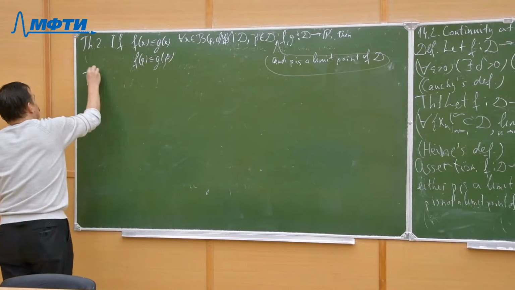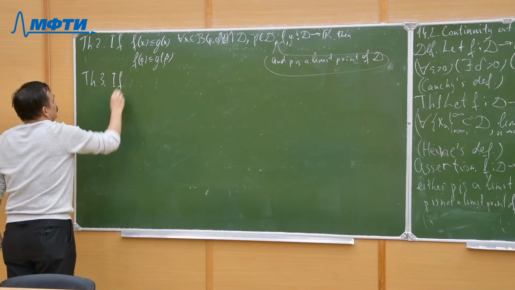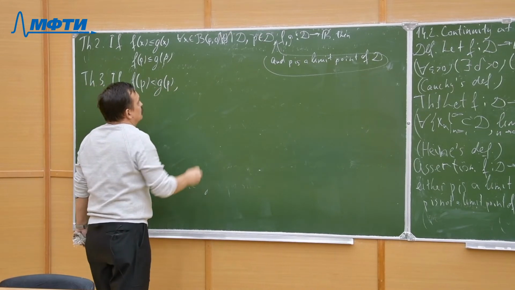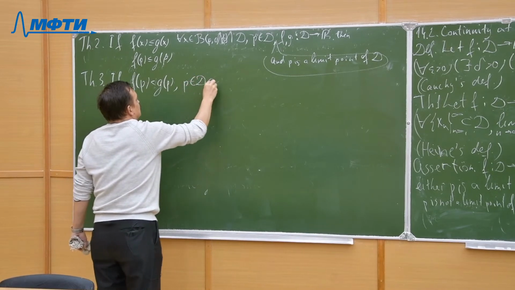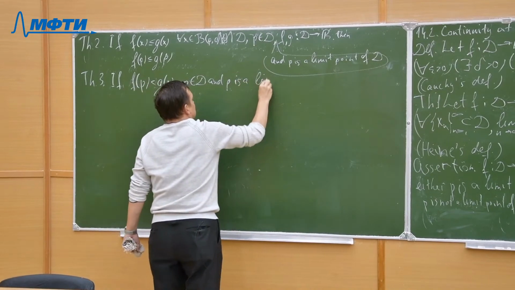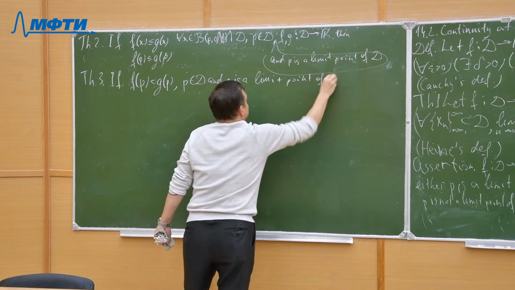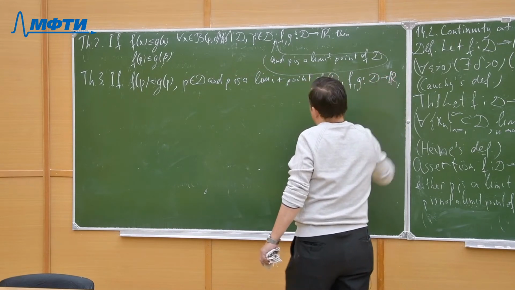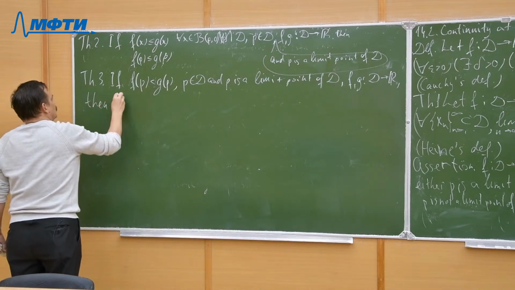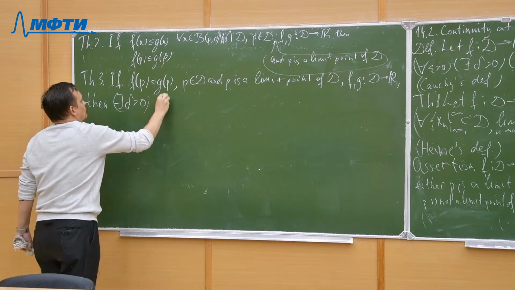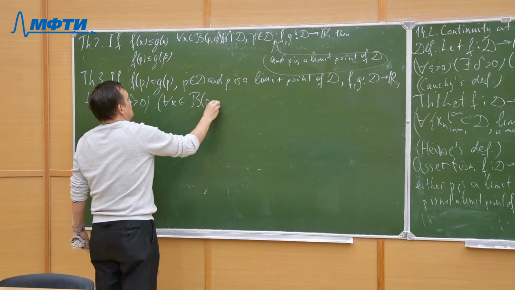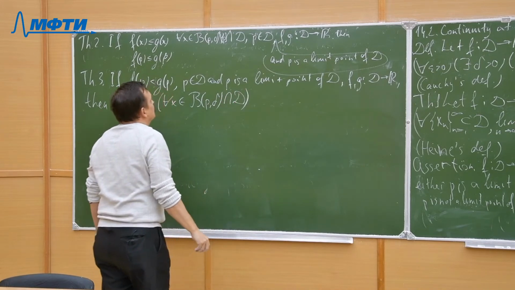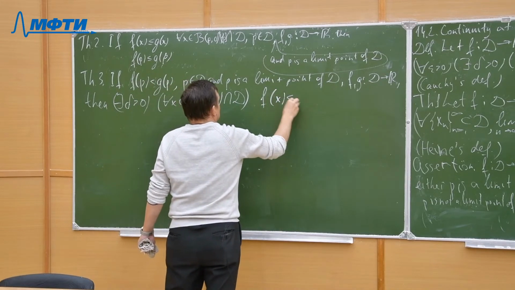The opposite assertion can be reformulated as follows. If f(p) is less than g(p), p in D and p is a limit point of D, f, g from D to R, then there exists delta greater than 0 such that for all x in the neighborhood intersected with D, we have f(x) less than g(x).